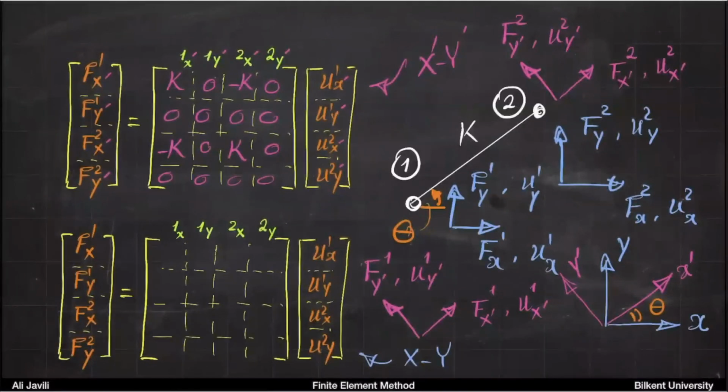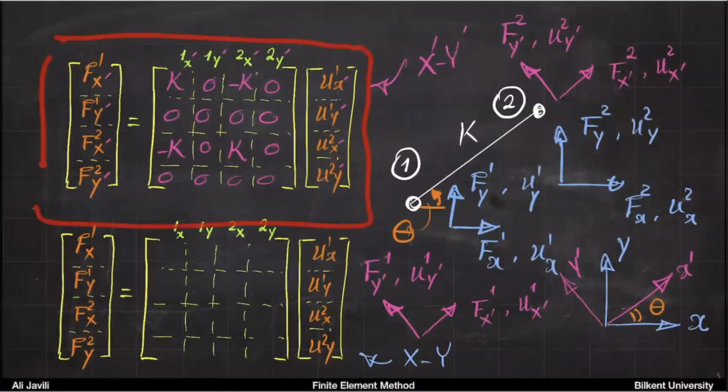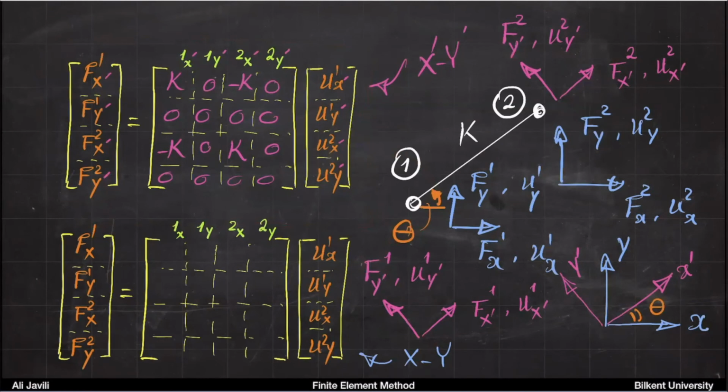The question was, if I know this, how can I go to this system? So the question was how to go from x prime, y prime coordinate system, or the pink coordinate system, to the blue coordinate system. And we have almost answered that.